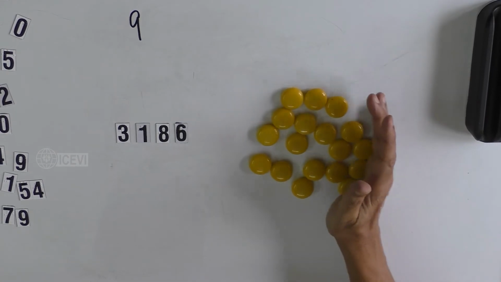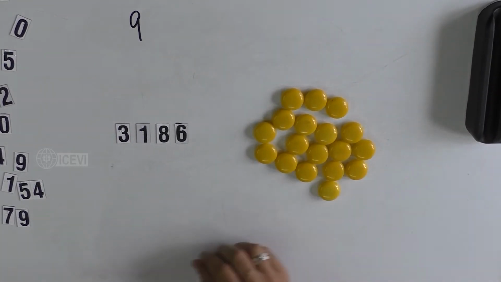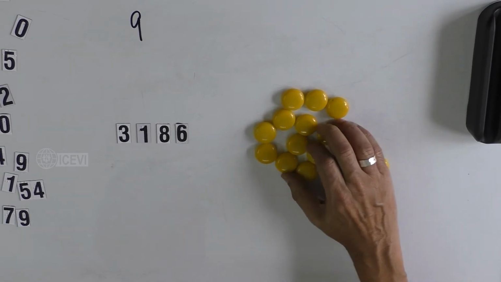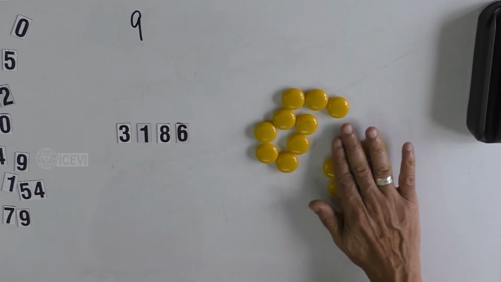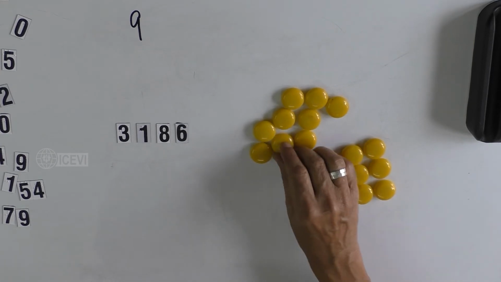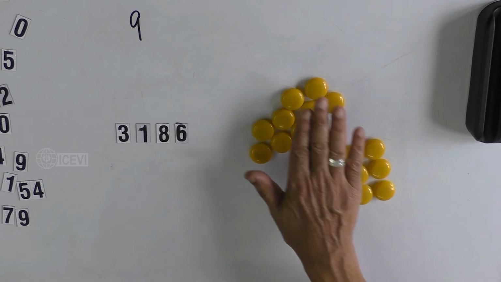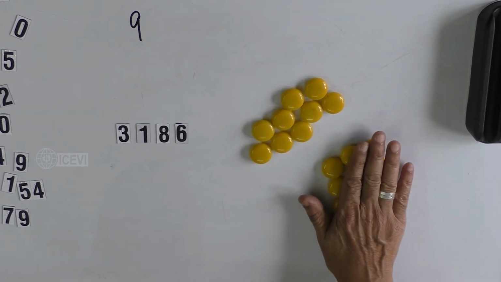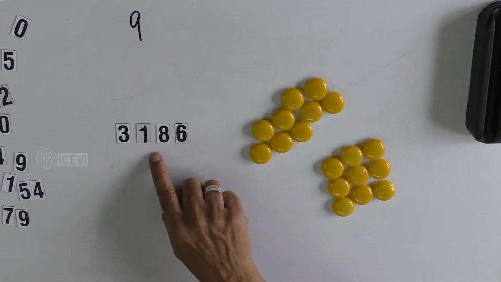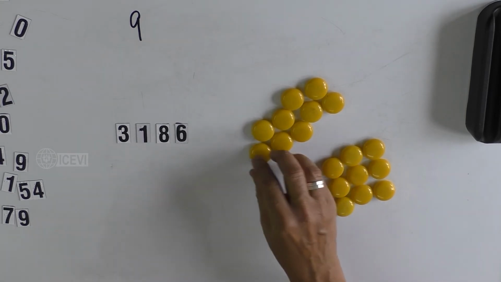Now you can find out whether this number is divisible by 9. You have to group in terms of 9. So this total number should be grouped in terms of 9. That is one group and there is another group. So you get 2 groups, there is no remainder. That means 3186 is divisible by 9.